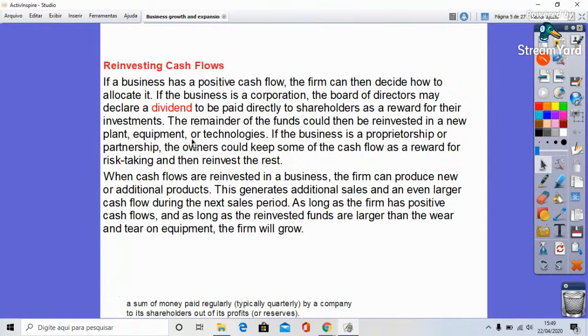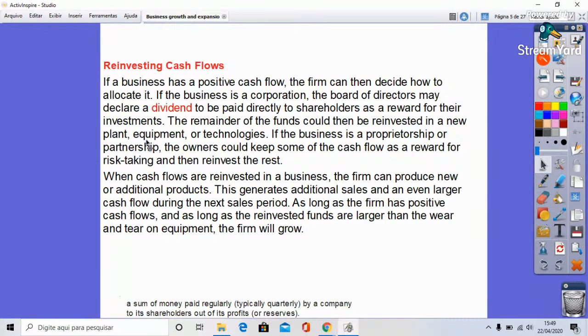A dividend is an amount of money paid regularly by a company to the shareholders, depending on the profit. So if I'm the owner of Petrobras, I pay a dividend to all the shareholders who have part in Petrobras. It's like a reward for the investment.